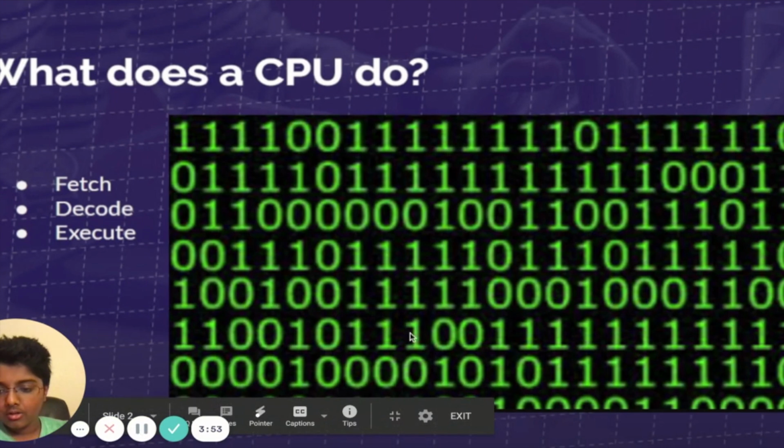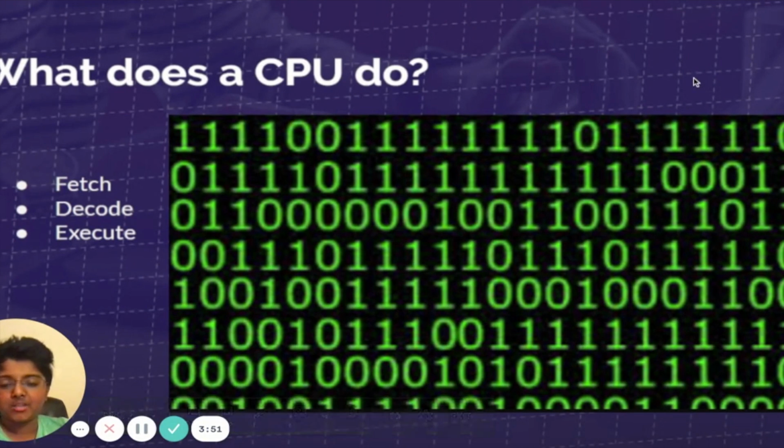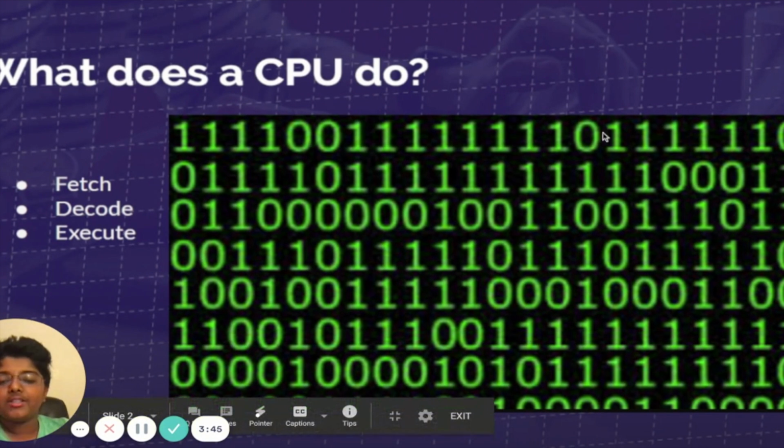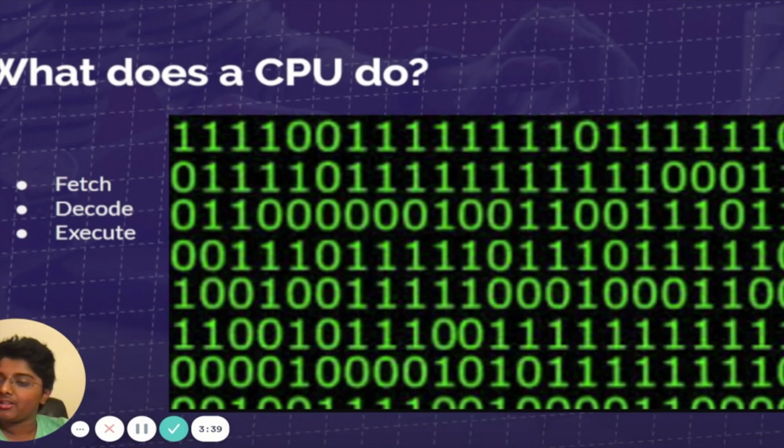I guess you're going to ask me, hey, why does a computer take the time and waste its energy on decoding the data when it could just execute it? Well, like us humans, we use English, at least most of us. Just like that, a computer has its own language to communicate with other computers and servers.